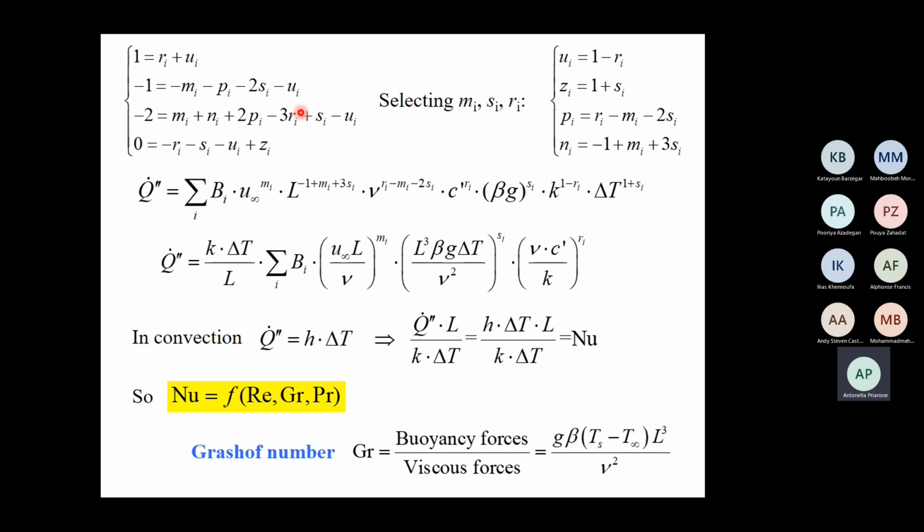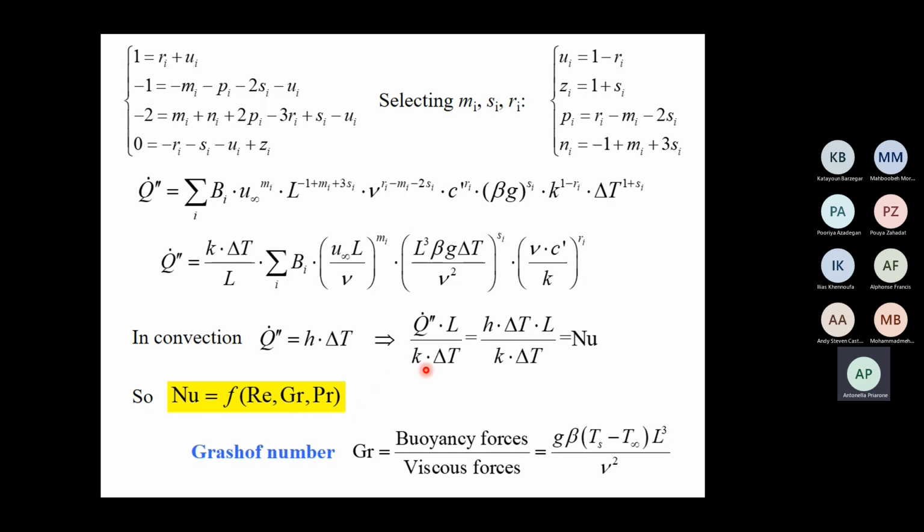It's important that you understand the power of this method and the possibility to define the dimensions of these numbers and to obtain a link between the dimensions and numbers that will be useful for us when we have to write the correlations. Here, at this moment, we have obtained only that the Nusselt number can be written as a function of Reynolds, Grashof, and Prandtl.